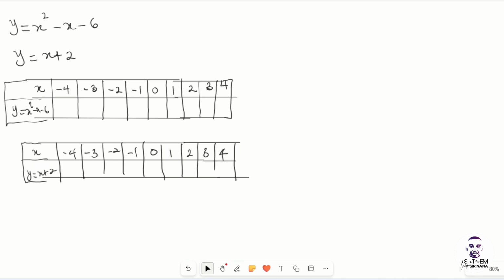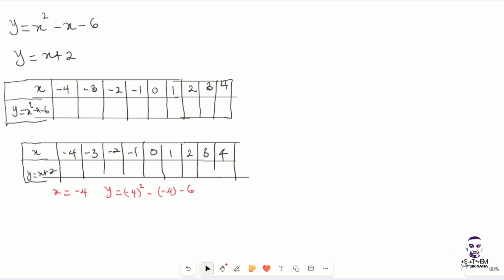Here you must use the calculator to determine the values one by one and fill in. So if our x is equal to -4, then for the quadratic, y will be equal to (-4) all squared, minus -4, minus 6.